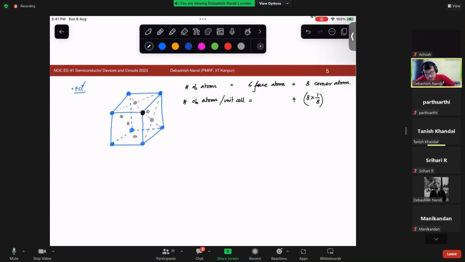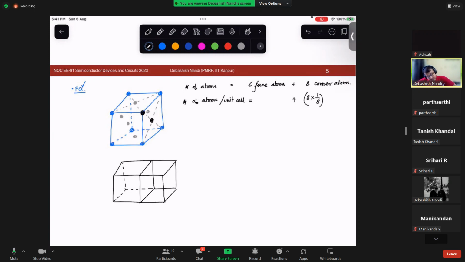And for the face centered atoms, can you tell me between how many unit cells these are shared? Just understand it this way. This is one unit cell, and there is another unit cell beside it.